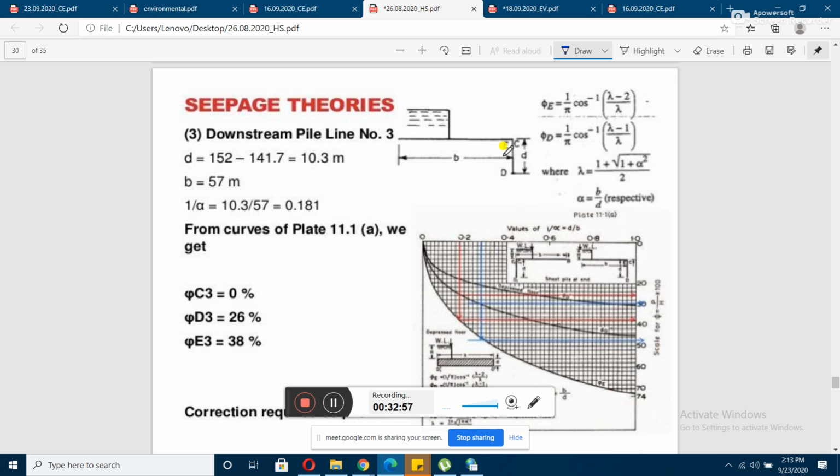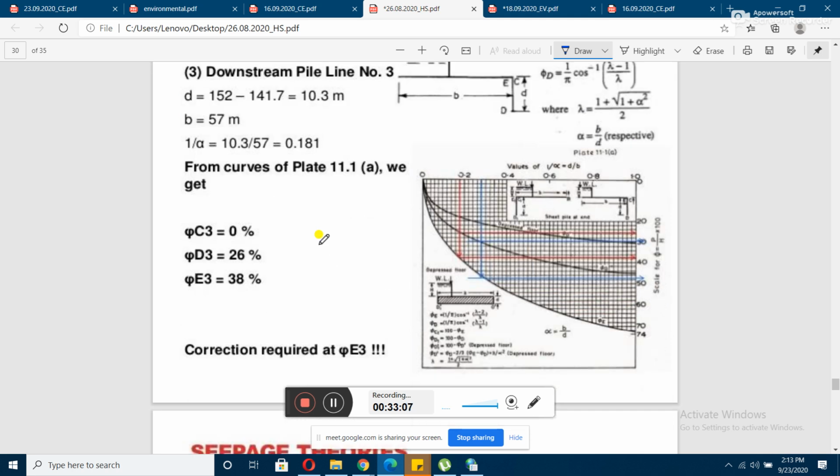So your phi c3 value will be 0. I have already told you. Phi d3 and phi e3 can be calculated using these formulas, or also you can do it from the curve, because once you know the d and b value, b by d is the value of alpha. So your 1 by alpha is d by b, right?